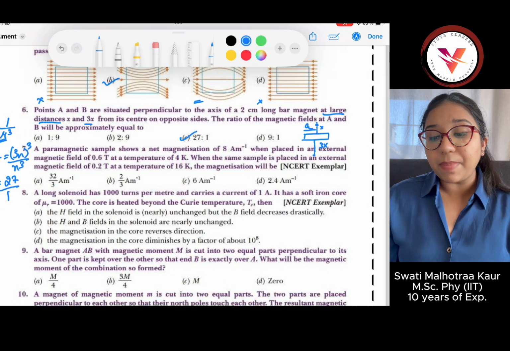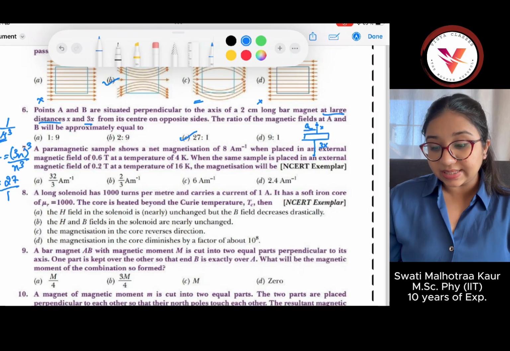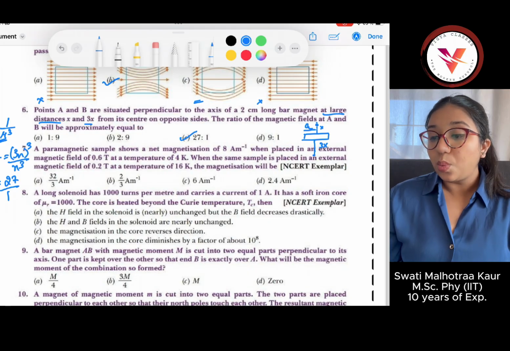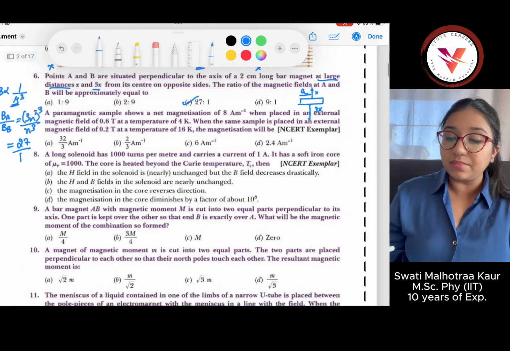The next is: a paramagnetic sample shows a net magnetization of 8 ampere per meter when placed in an external magnetic field of 0.6 Tesla at a temperature of 4 Kelvin. When the same sample is placed in an external magnetic field of 0.2 Tesla, find the magnetization.